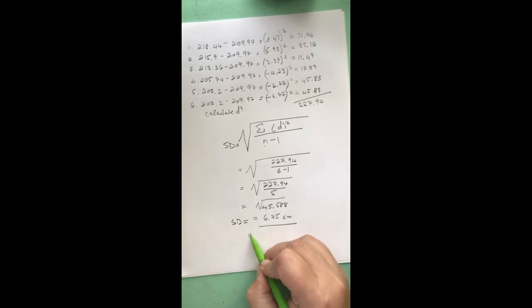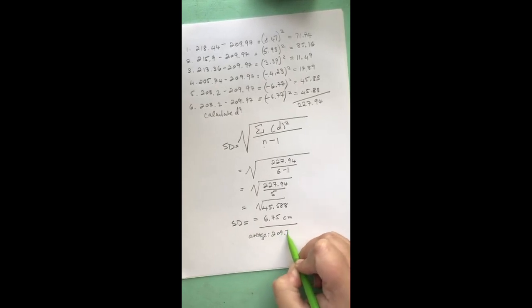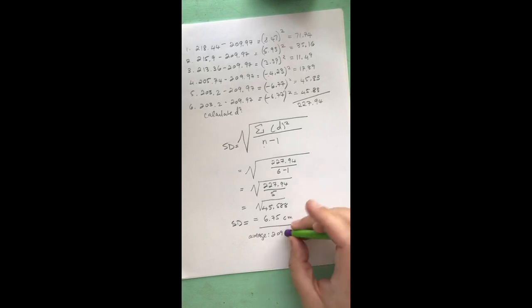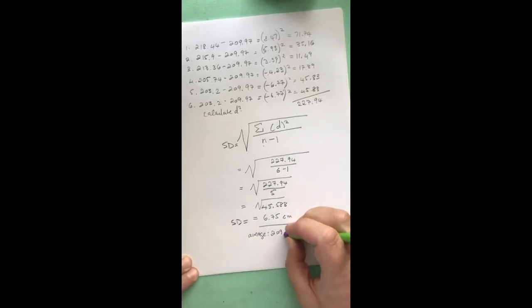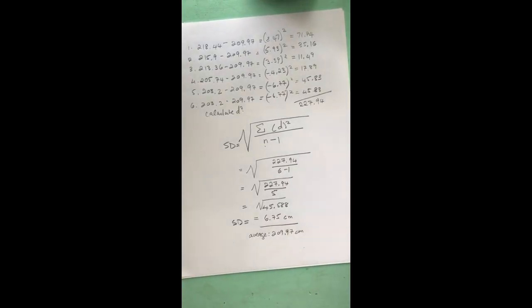The average, remember, we said was 209.97 centimeters. So you're going to have a deviation of 6.75 centimeters above this value, and a deviation of 6.75 centimeters below this value. And that's how you calculate standard deviation.